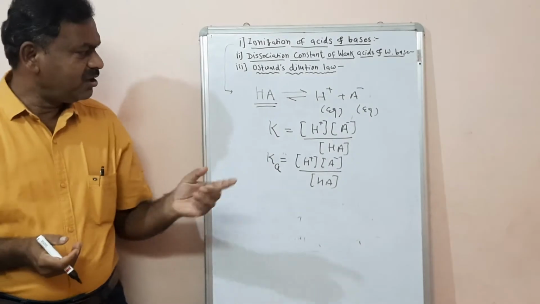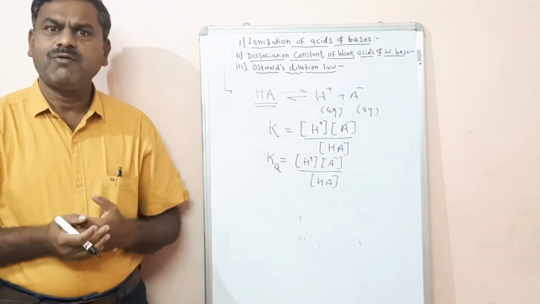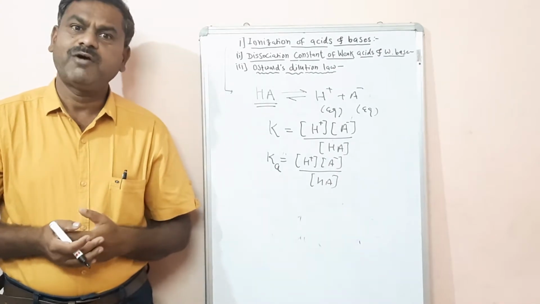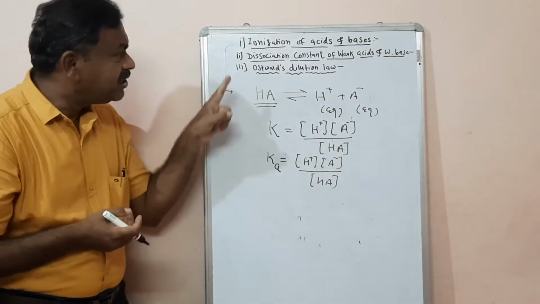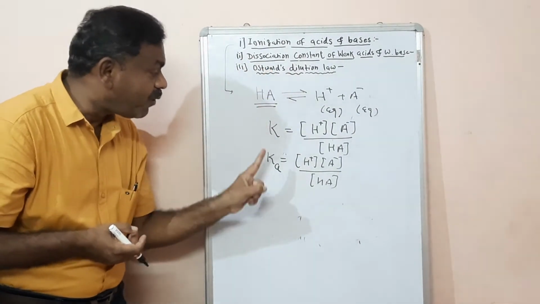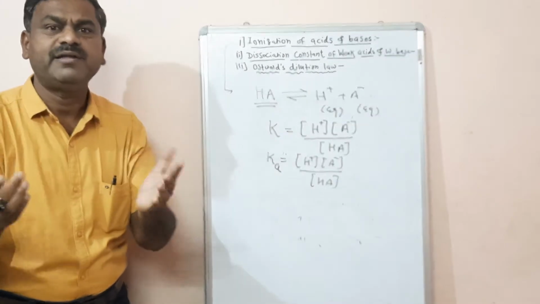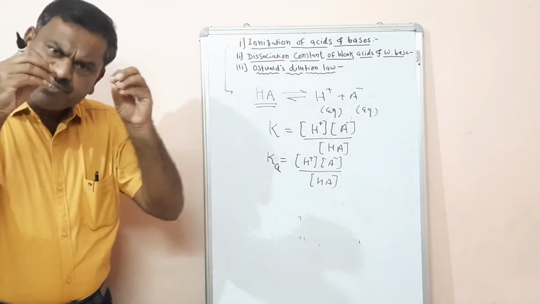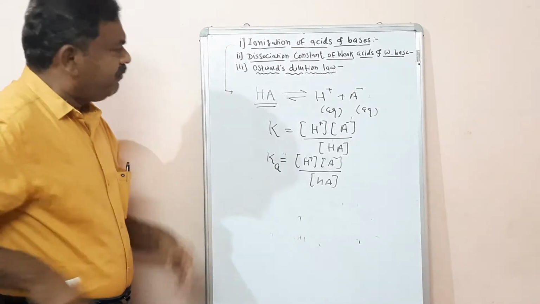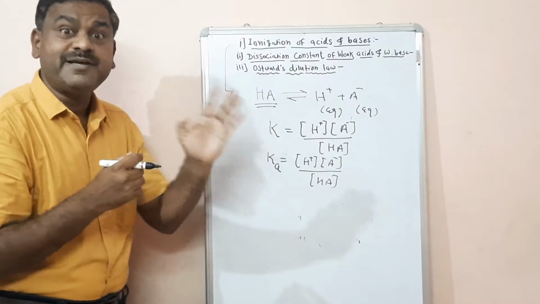If you know the molar concentration of H plus, A minus and HA, then we can easily calculate the dissociation constant of the weak acid. Similarly, take the base, the dissociation of a weak base.